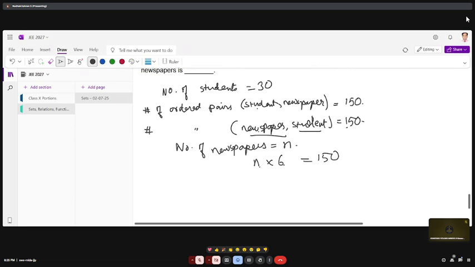But we know that it is equal to 150. So n into 6 equal to 150, so n equal to 150 divided by 6 is 25. So there are 25 newspapers.